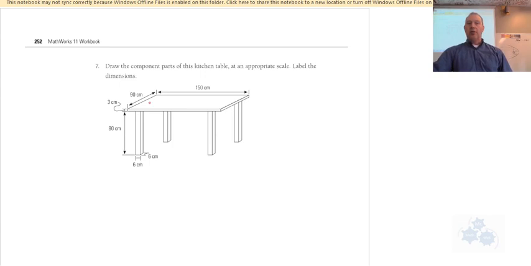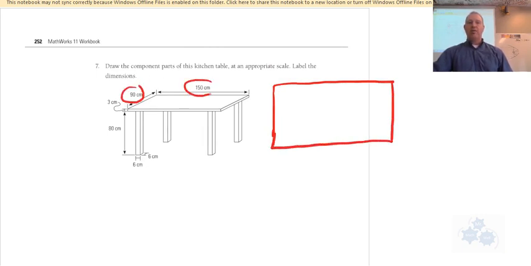So for example, this tabletop, and I'll give you a start on this one. This tabletop is a rectangle that in the diagram is 90 by 150. So what do you think would be an appropriate scale for you to actually draw it on your paper? So could you do 9 centimeters by 15 centimeters?